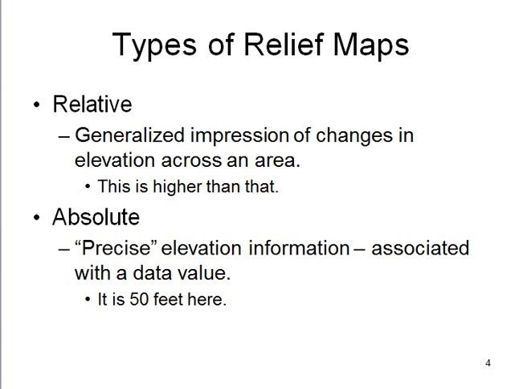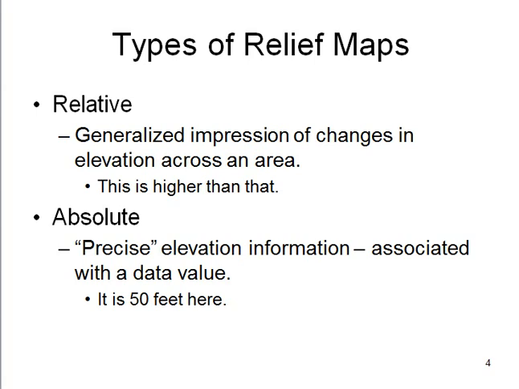You don't really know exactly how high one place is on a map that's just showing relative relief. You don't really know how low another place is, but you know that one section is higher than the other section. And that can be done with color, that can be done with symbols, it could be done using actual raised relief on a map.